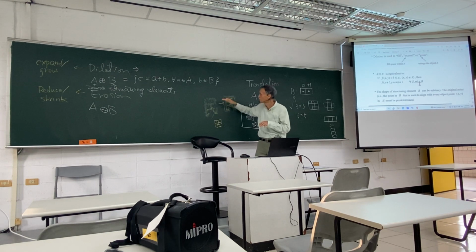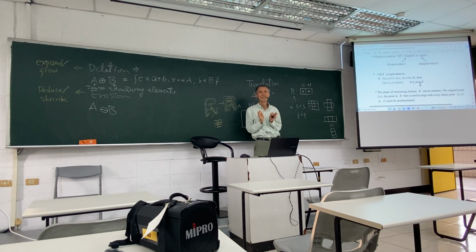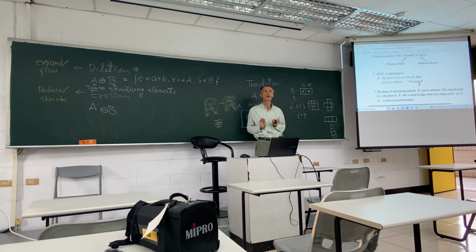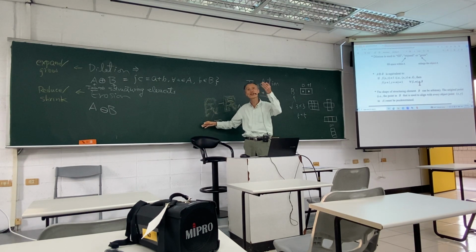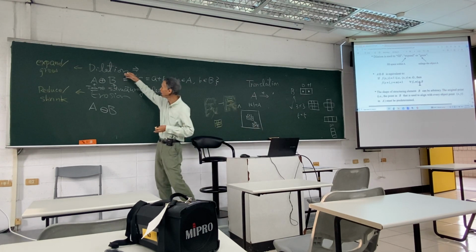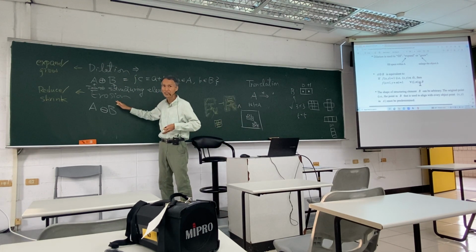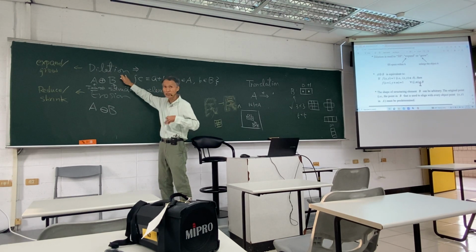It won't become an empty line again. That's the purpose for dilation and erosion. And that will be why we need opening and closing. And opening and closing is nothing but we do the dilation and then erosion, or we can do the erosion first and then dilation.